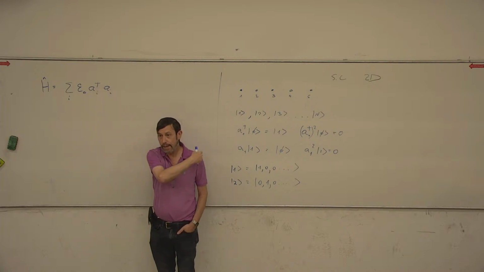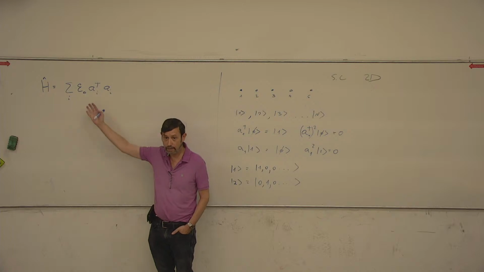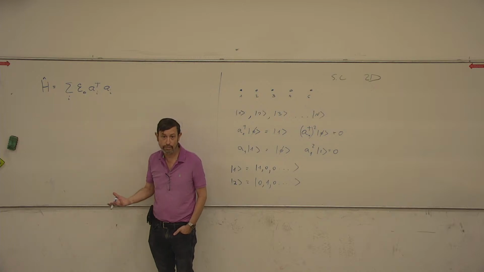If I have an electron on a site, I get an energy E0. Don't have any electrons, I have no energy.